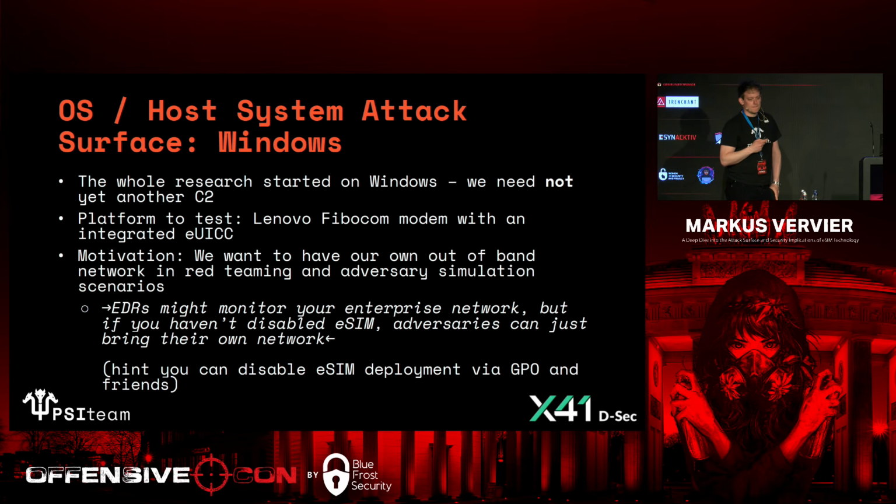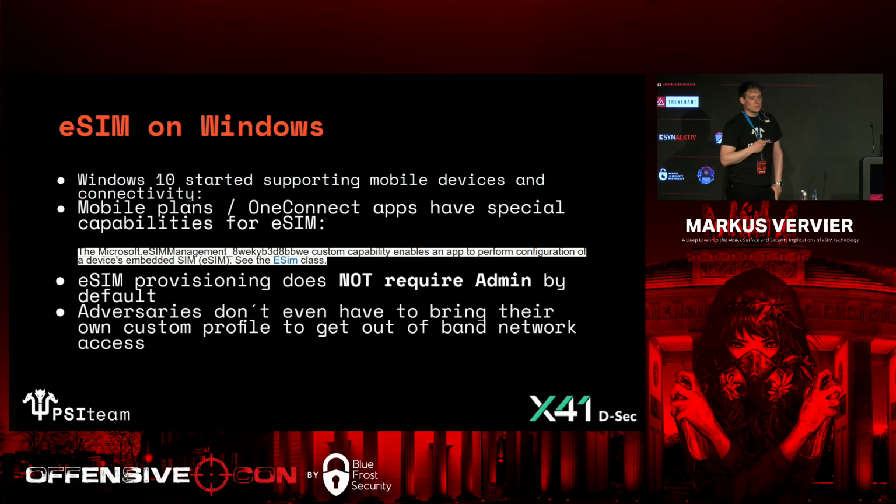I discovered that on Windows they integrated, in OneConnect, eSIM in a way that you can just buy an eSIM on Windows. There's a default app, or even multiple ones, and operators can have their own. And there you get an eSIM.